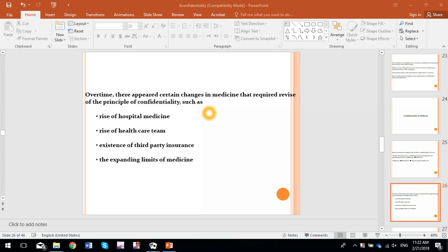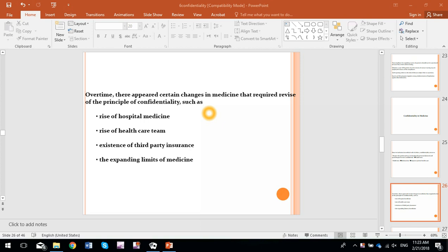Now, medicine is expanding, and it is the team who works with the patient, not only the physician. So keeping confidentiality between the physician and the patient alone is no longer possible because of other parties sharing the secrets. Existence of third-party insurance.